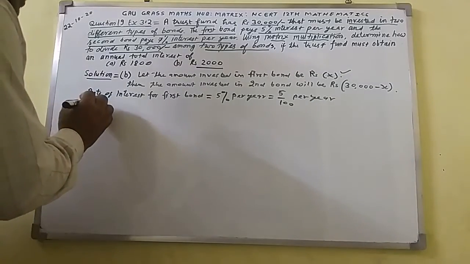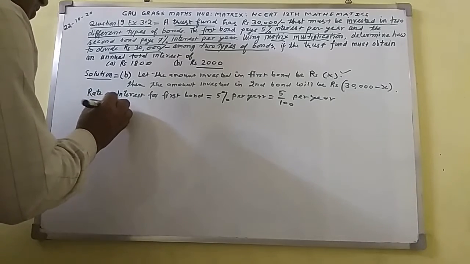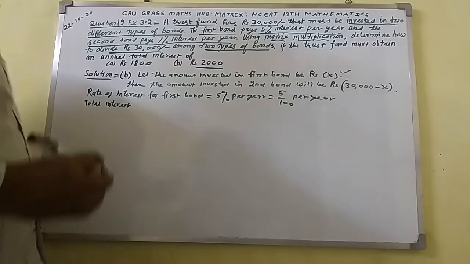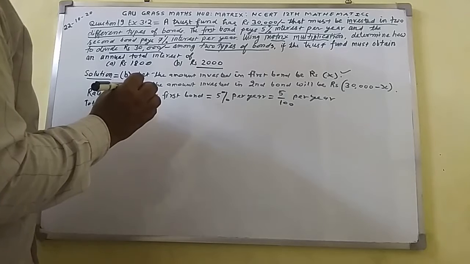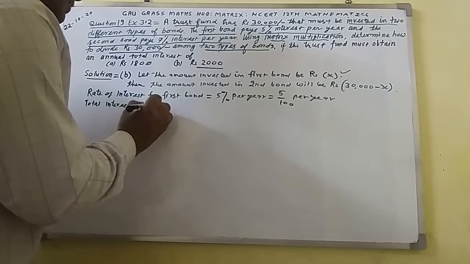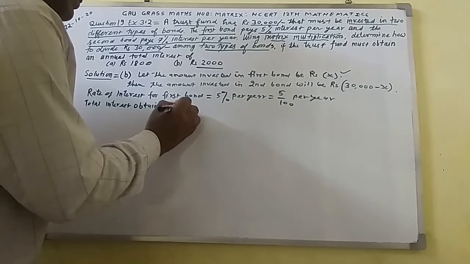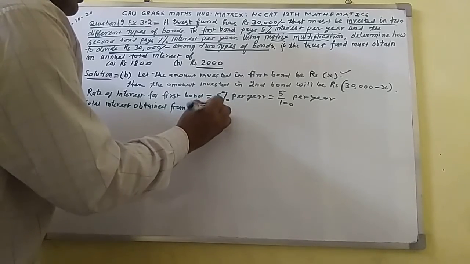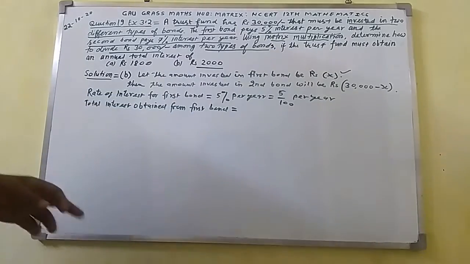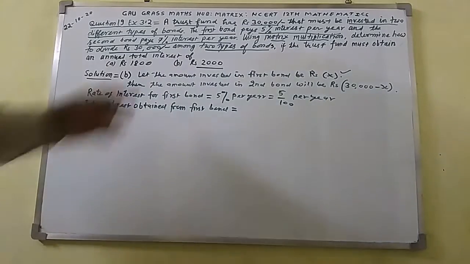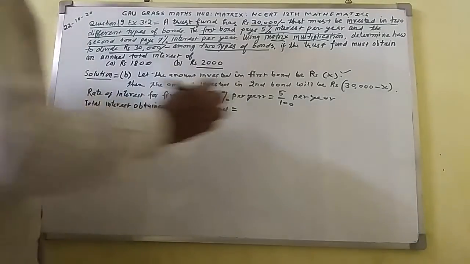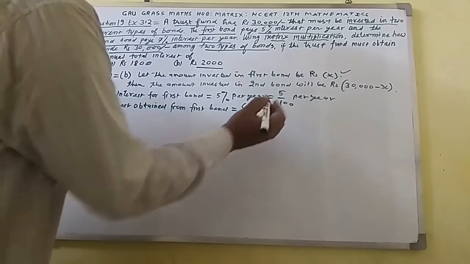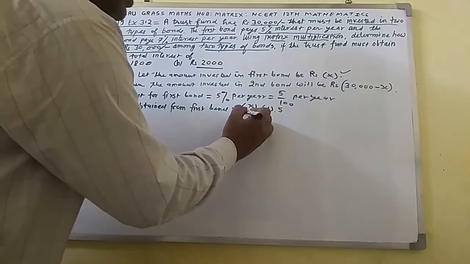Total interest obtained from the first bond equals, the amount invested X being the principal amount, principal into time 1 into rate of interest 5 over 100.